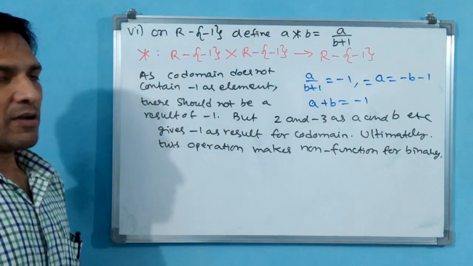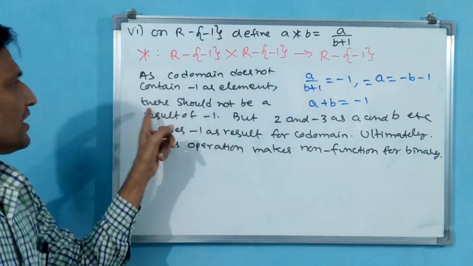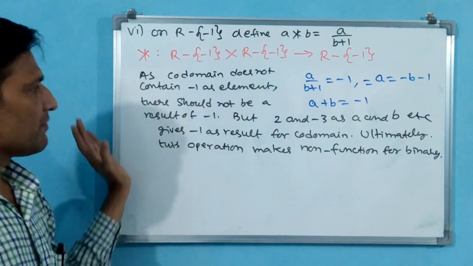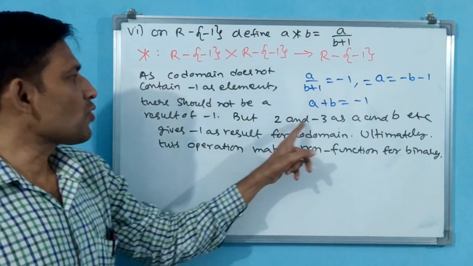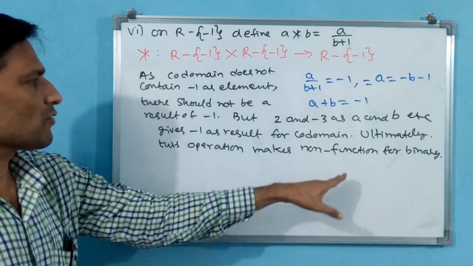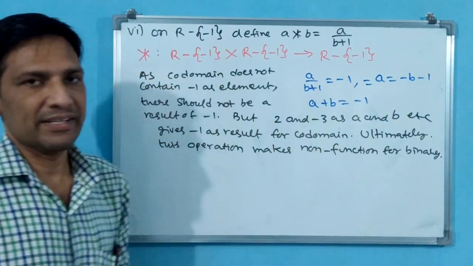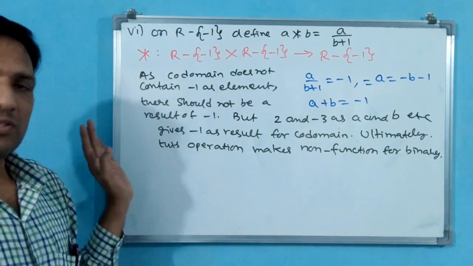You understand? Because as the codomain does not contain minus 1 as an element, there should not be a result of minus 1 from the domain. But 2 and minus 3 as A and B, etc. give minus 1 as a result for the codomain. Ultimately, this operation makes a non-function for binary. This you write and close this answer.